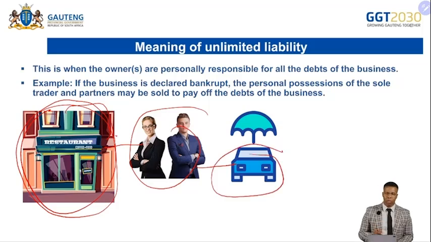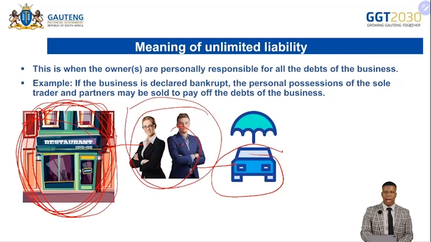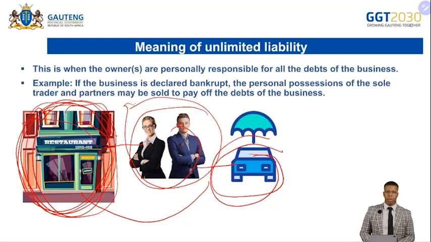That's what we mean with unlimited liability. But remember, with limited liability, what is owed by the business is limited to the amount the owner invested. With unlimited liability, if the business is failing to pay its debt, the owners should come in and intervene, and if they don't have the money, they can sell their cars to pay off the debts of the business. Hoping that made sense.